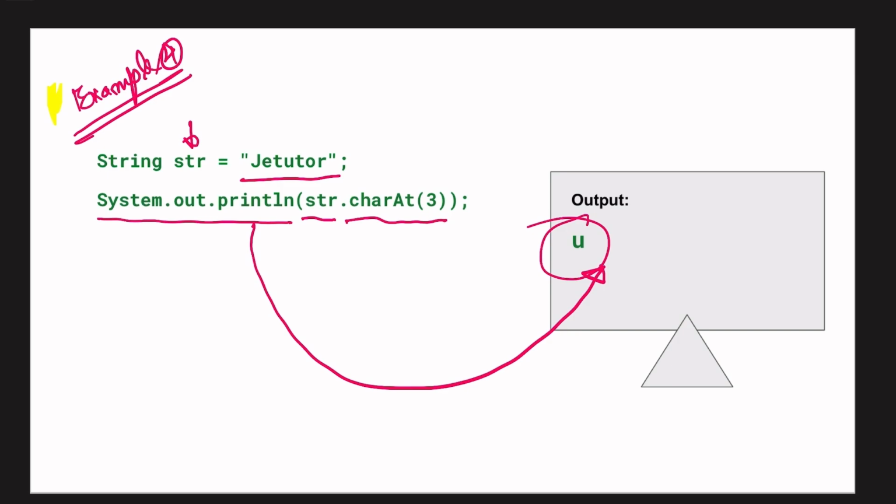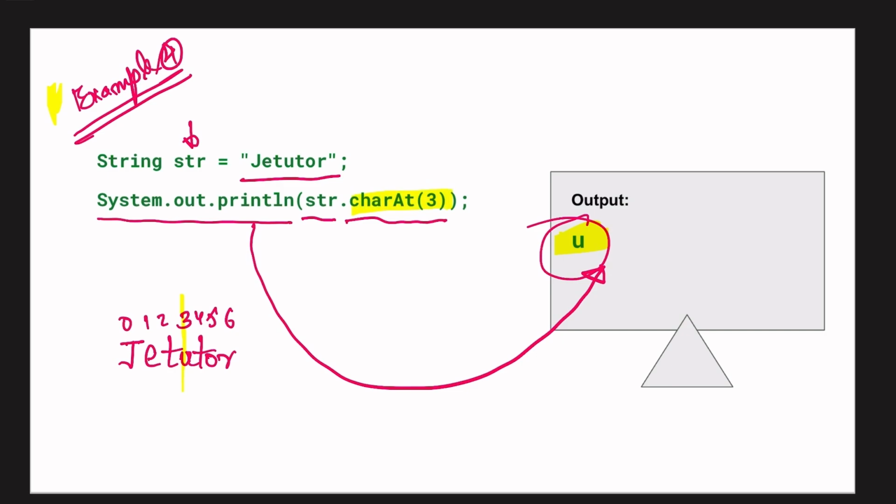Okay, let me write here JTutor. Let me write the index 0, 1, 2, 3, 4, 5, 6. So here you can see clearly why we are getting U here. Let me show you. At index 3 we have U, and we are looking for charAt 3.